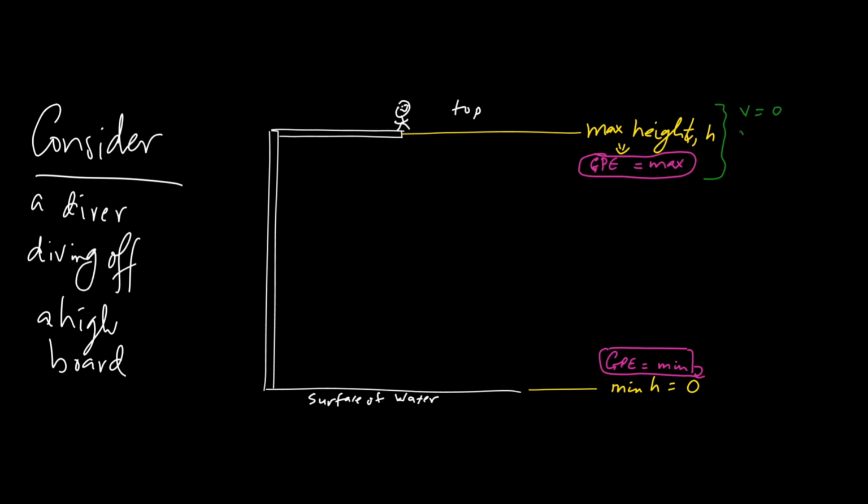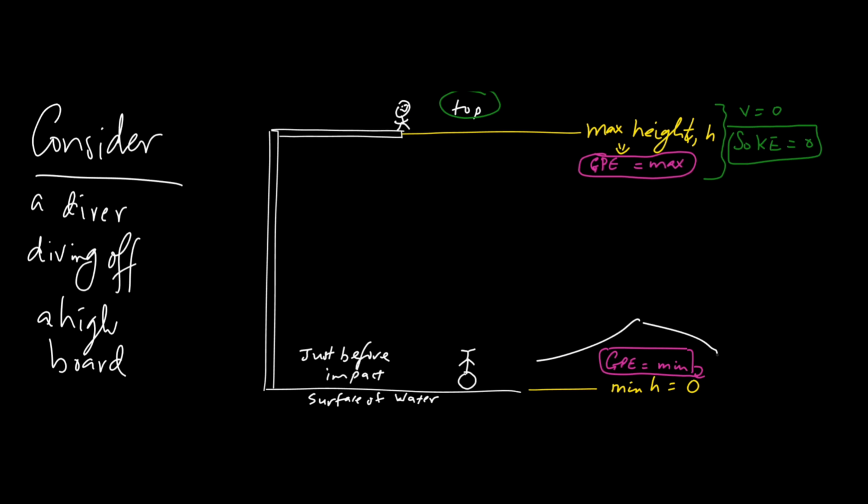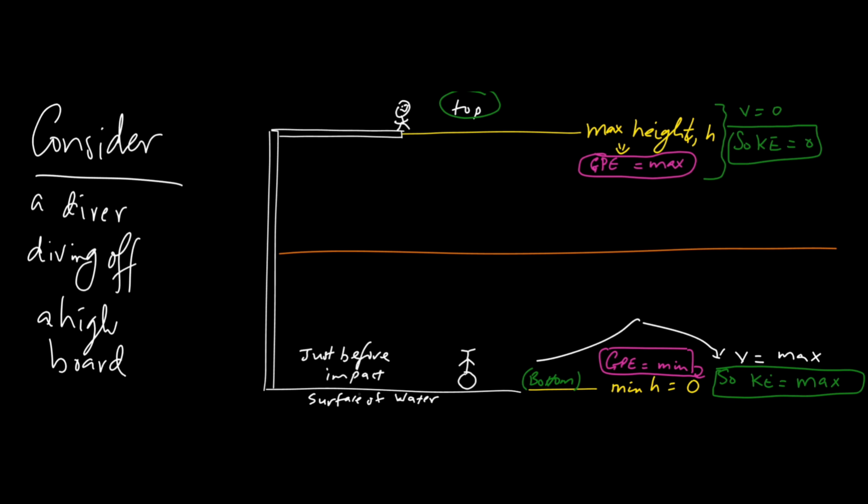Well, what does that tell us about velocity? At the very top, velocity is 0, so his kinetic energy, which depends on velocity, is also equal to 0. However, just before impact with that water, he is moving the fastest. So at that point, his velocity is maximum, making therefore his kinetic energy at the very bottom maximum.